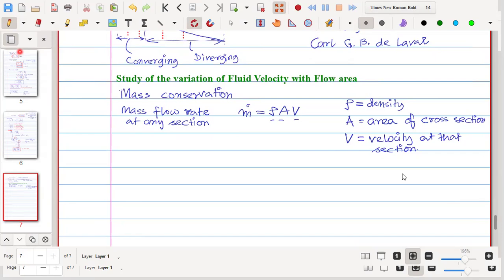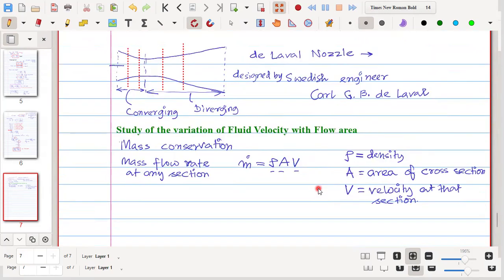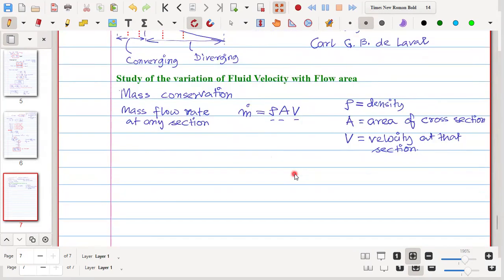It is significant. And also we see that there is area variation, and also velocity will vary. Therefore, all quantities on the right hand side are varying. But on the left hand side, mass flow rate is a conserved property. Therefore, conserved quantity.